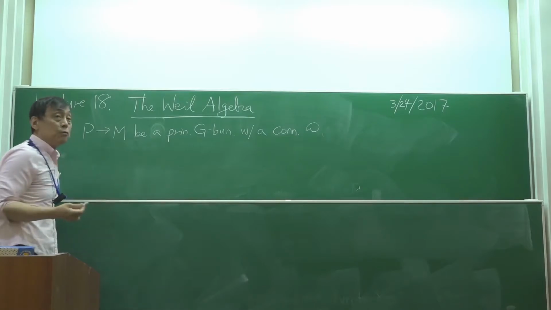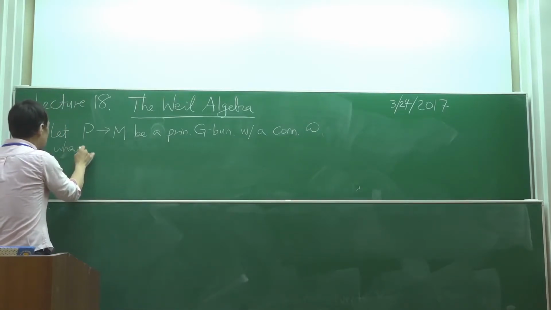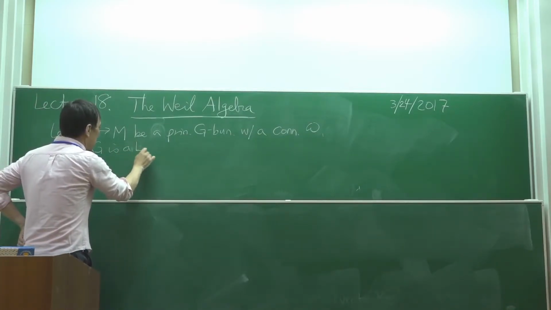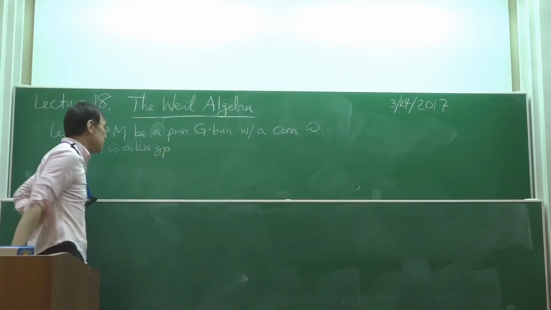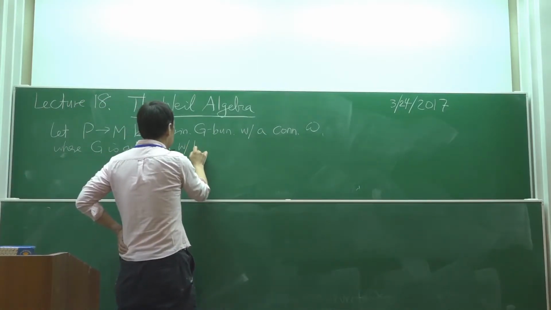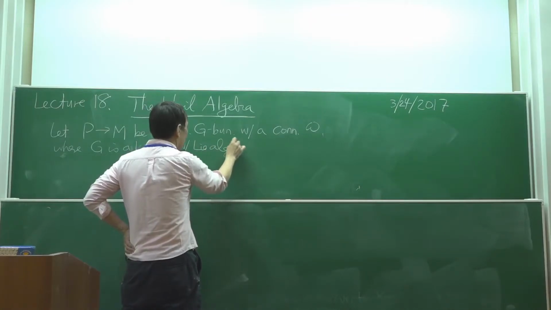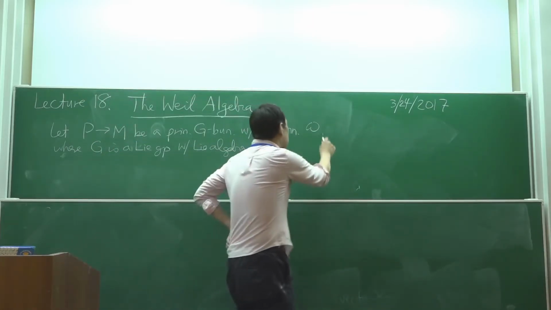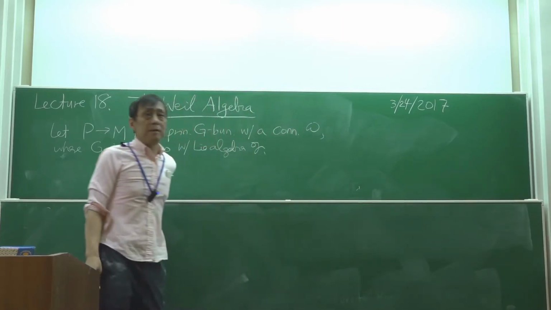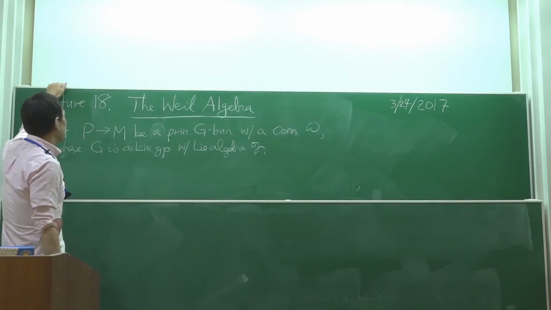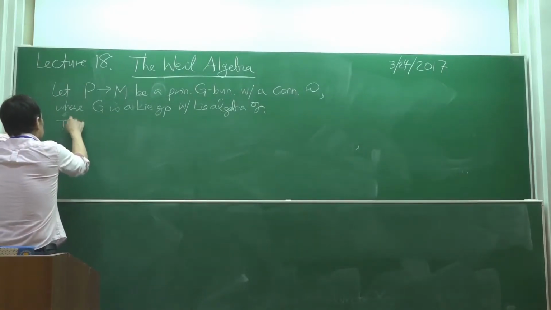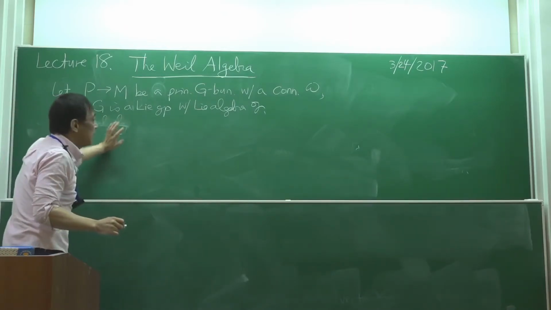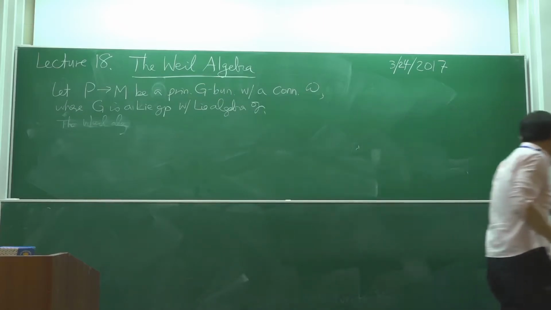G is a Lie group with Lie algebra little g. It's any Lie group; I'm not assuming that it's connected. And the Weil algebra. Now let's say we have a basis for the Lie algebra.